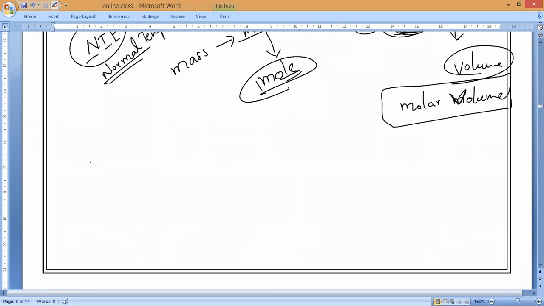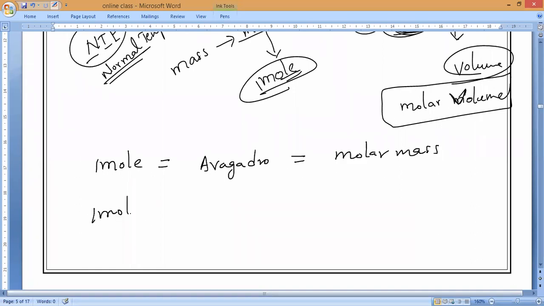So I can say now, 1 mole of any substance is equal to Avogadro number, which is equal to molar mass. Is it yes or no, guys? In the same way, 1 mole of any substance is equal to Avogadro number. This is only for gases, understand?